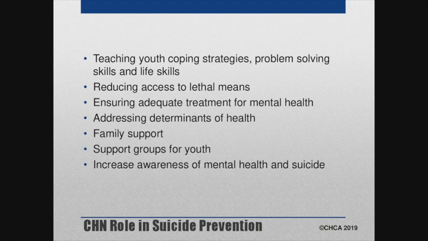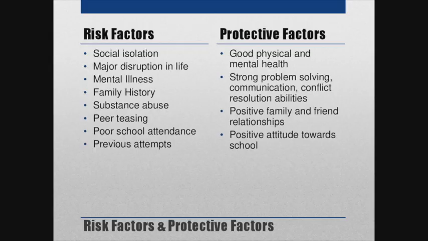Support youth groups or any other groups or programs that are available. And then finally, we want to increase awareness about mental health and treatment and management, as well as suicide and suicide prevention. Some of the risk factors and protective factors are as follows.